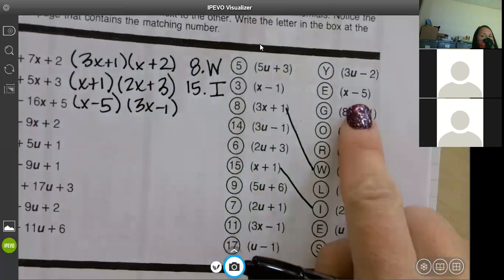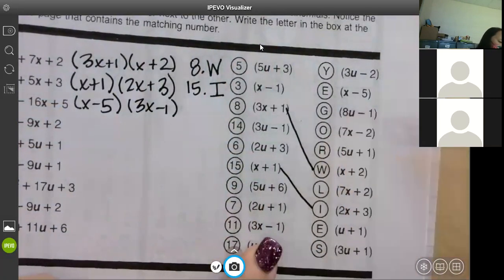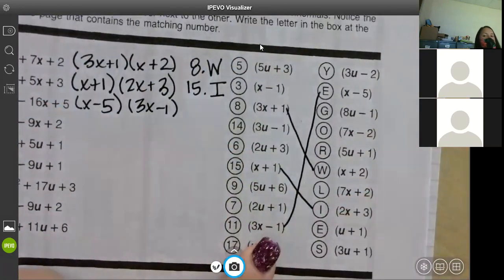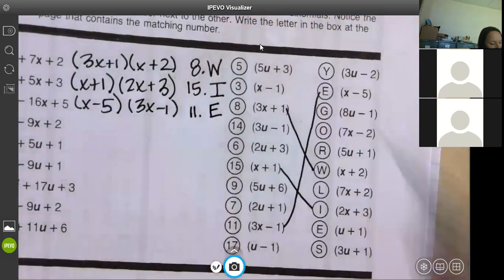X minus 5 is on this side, so that means 3x minus 1 would be on this side. So that says that 11 is E.